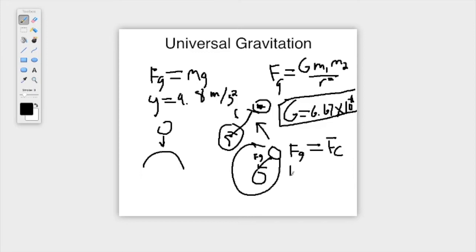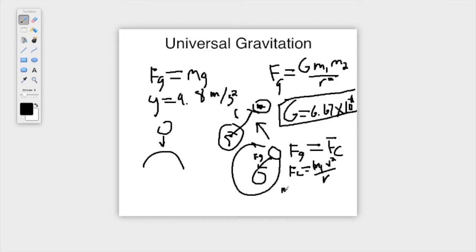And because it's a centripetal force, we can use our equation: the centripetal force equals mass 1, the mass that is moving in a circular path, times v squared over r. Then we can set that equal to this equation right here.